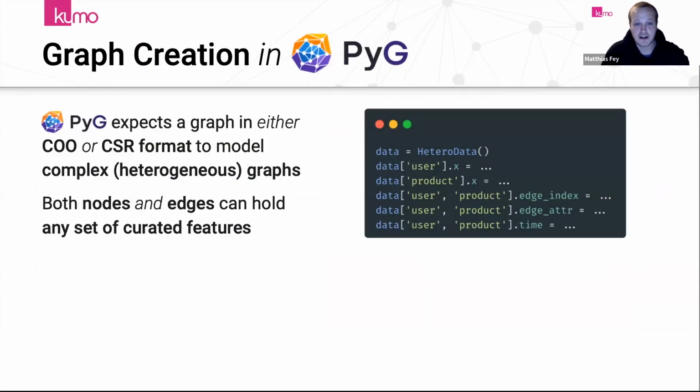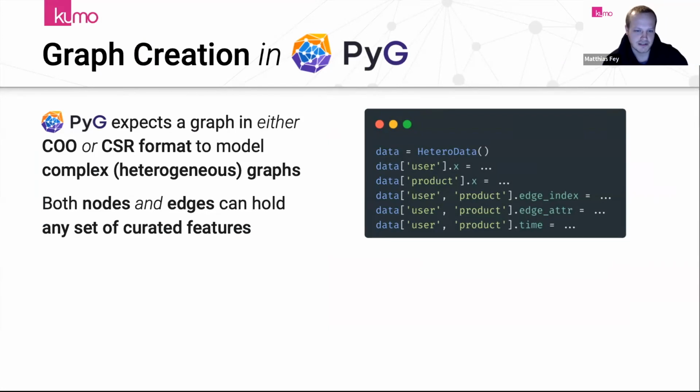For graph creation in PyG, it's important to note that PyG expects a graph in a pre-processed form, which means that the graph should already be present in COO or CSR format, a sparse matrix format, sorry.